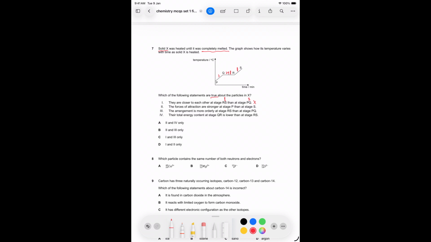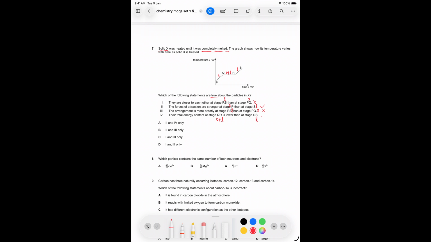Statement 2, the forces of attraction are stronger in stage P, solid, than in liquid. That is true. Statement 3, the arrangement is more orderly in RS, more orderly in liquid than solid. That is not true. Statement 4, their total energy content at stage QR, meaning solid plus liquid, is lower than that in liquid state.